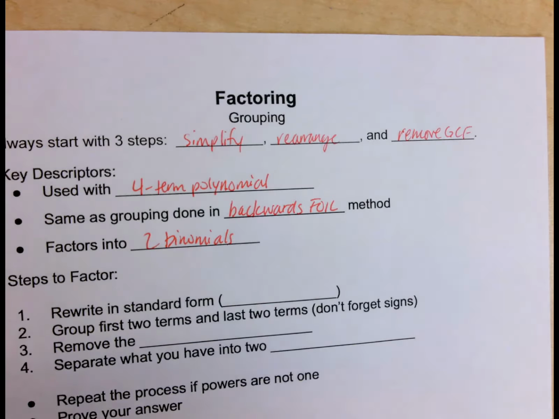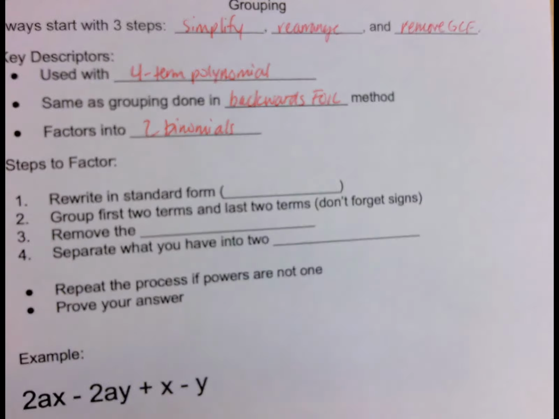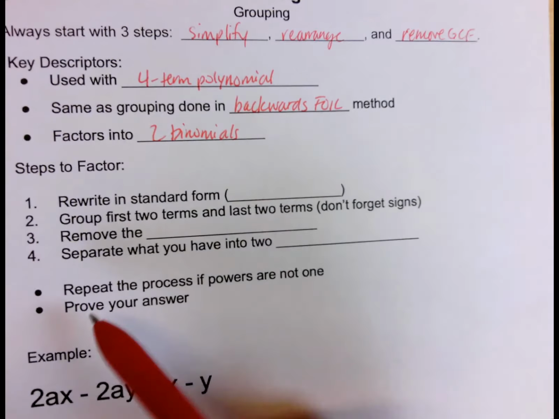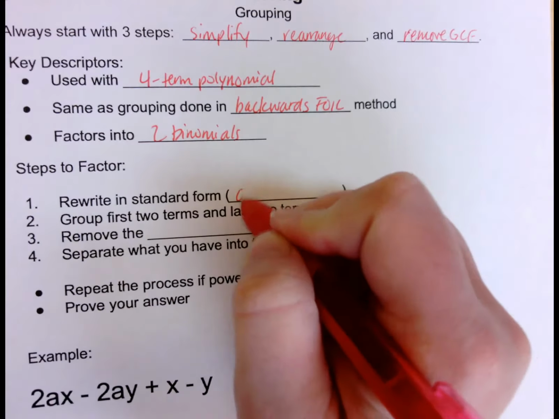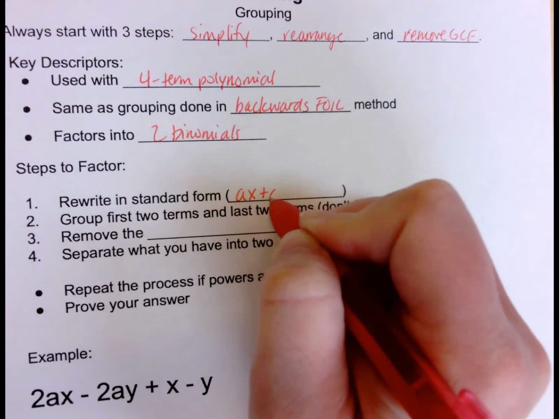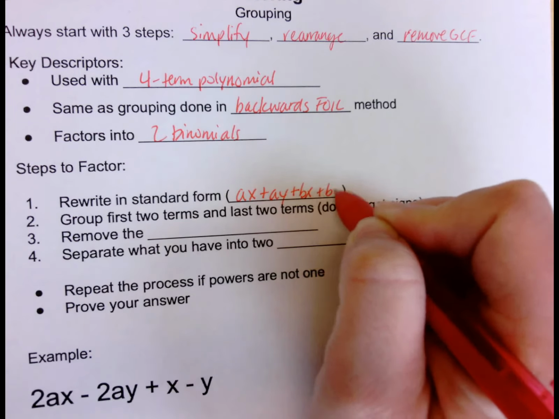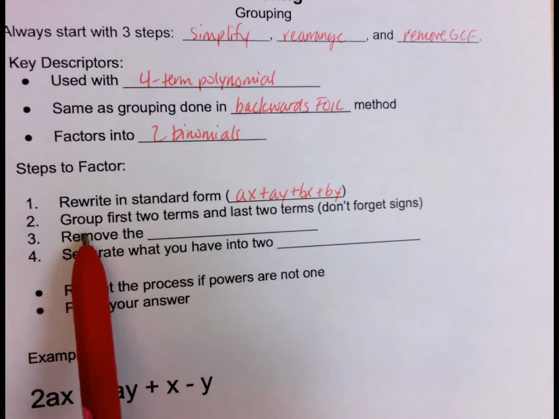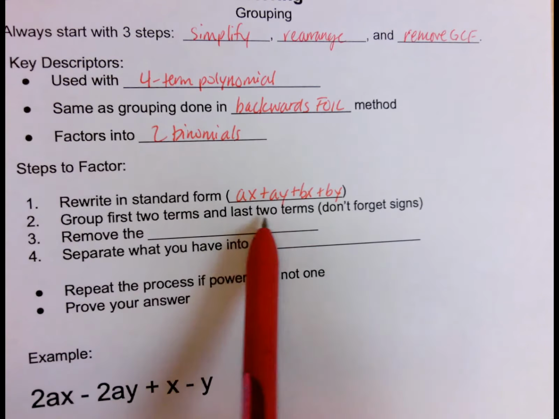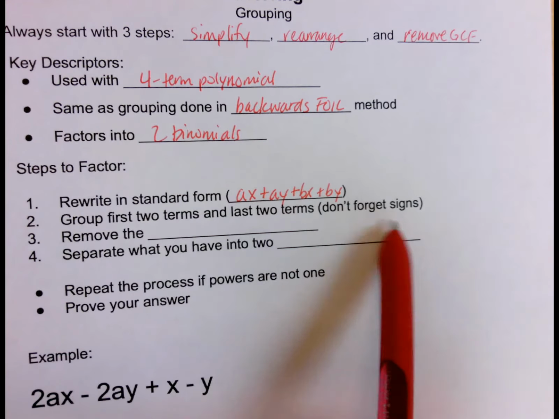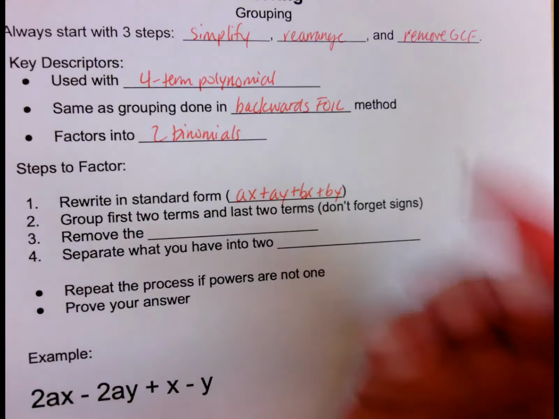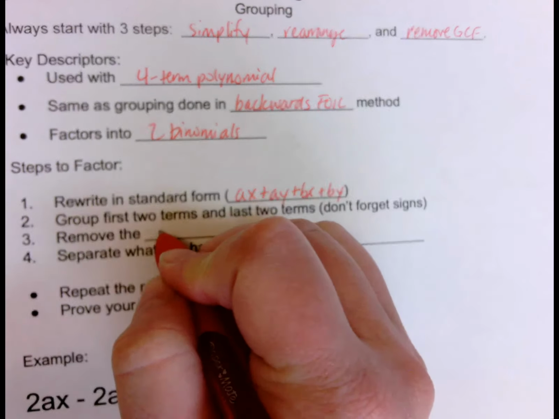All right, so here's how we're going to do this. We're going to rewrite it in standard form. Here are our steps. Rewrite it in standard form, and we're going to use this as our standard form for a 4-term polynomial. You're going to group the first 2 terms and the last 2 terms. Don't forget the signs. You're going to remove the greatest common factor.